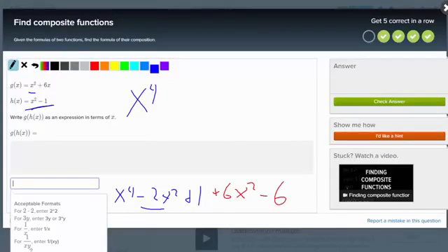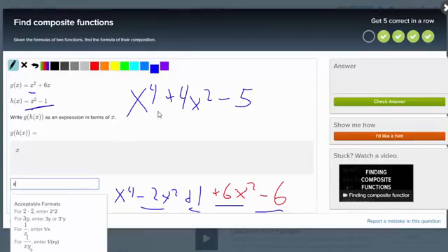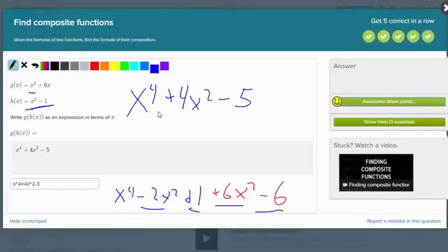Negative 2x squared plus 6x squared gives me positive 4x squared. And 1 minus 6 gives me negative 5. Okay, give that a shot. X to the 4th plus 4x squared minus 5. That's it. Let me know if you have problems with these. Talk to you later.